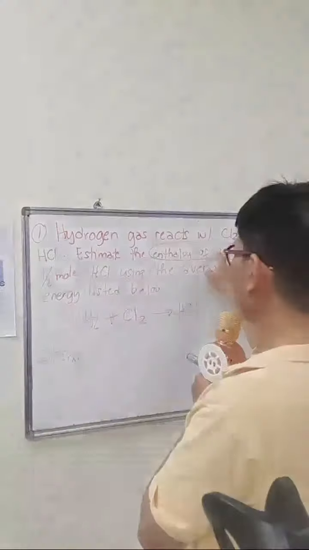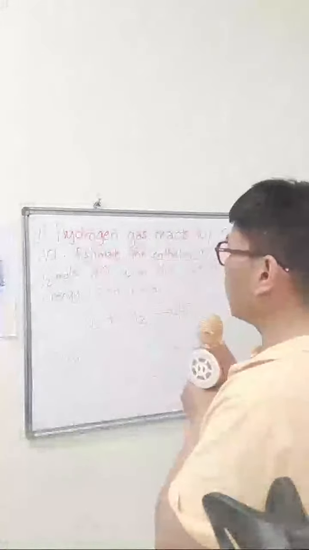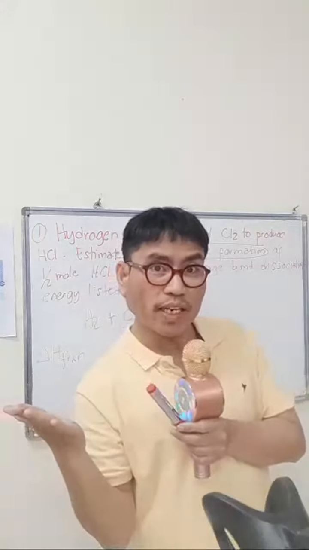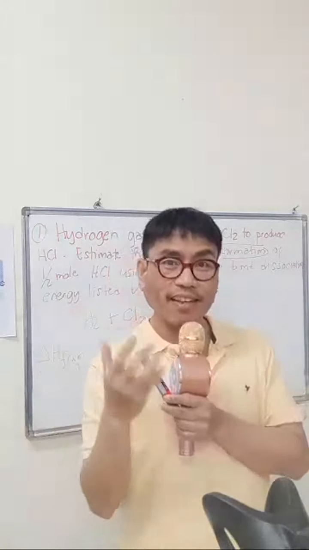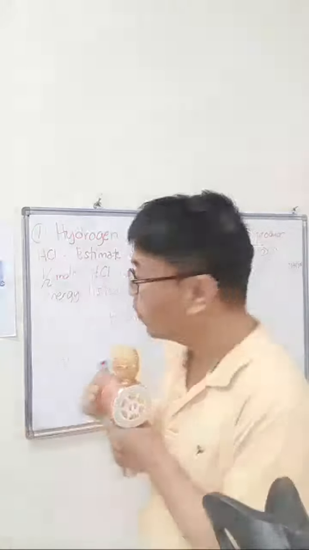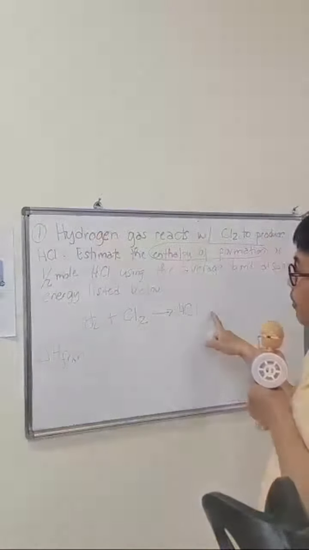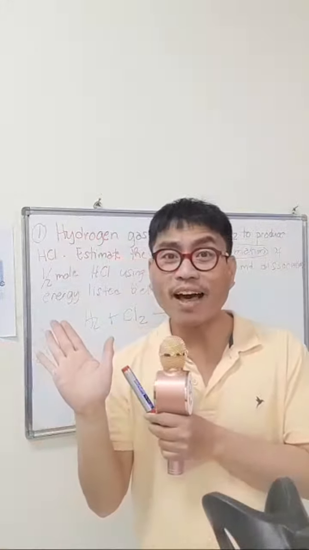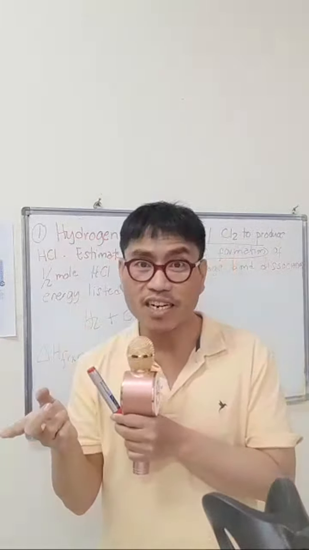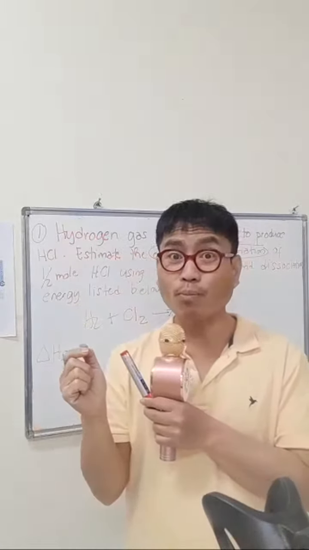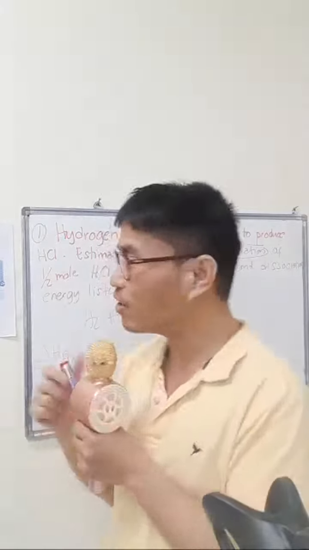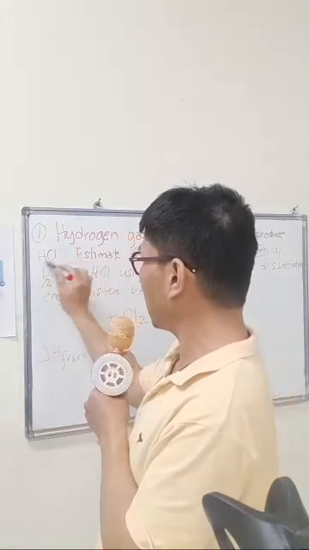Okay. Take note of your problem. Estimate the enthalpy of 1/2 mole HCl. So it's specified in our problem that we need to yield 1/2 mole of HCl. Things like this are a little bit tricky because we have already the reaction here, but the data in our problem specify the exact number of moles that we're trying to produce in our product. So we need 1/2 mole of HCl.